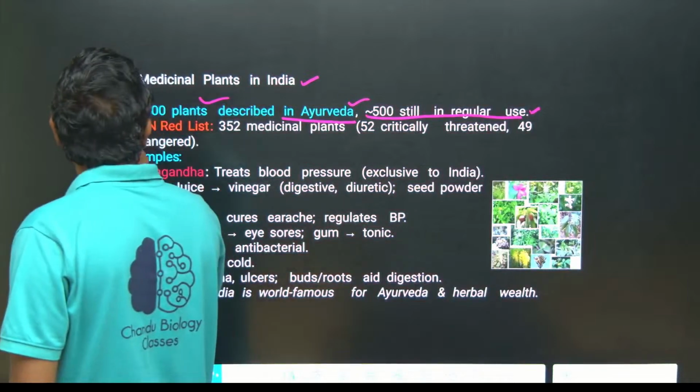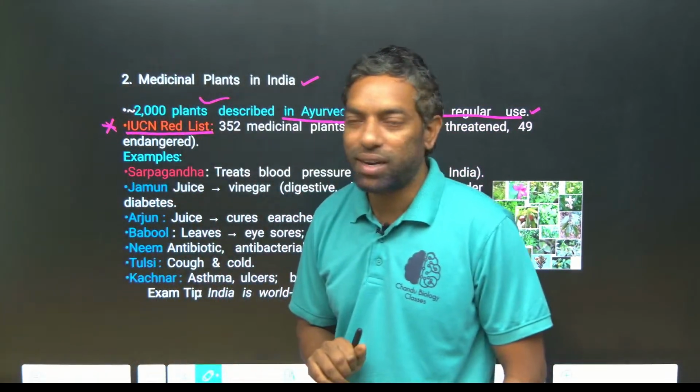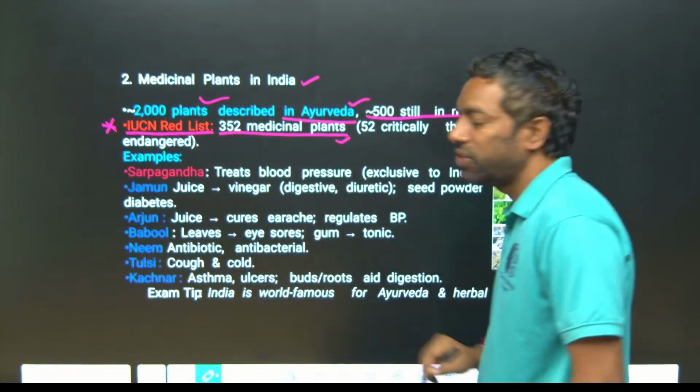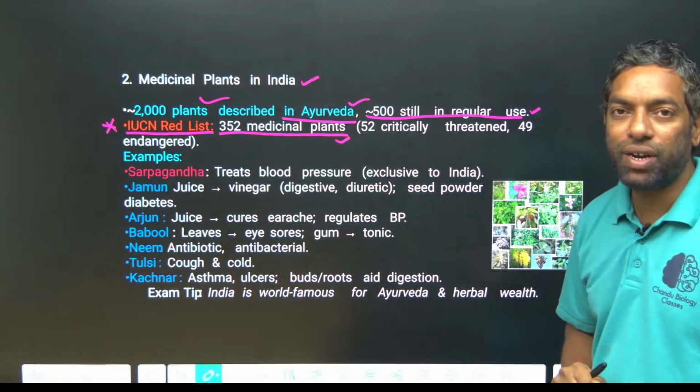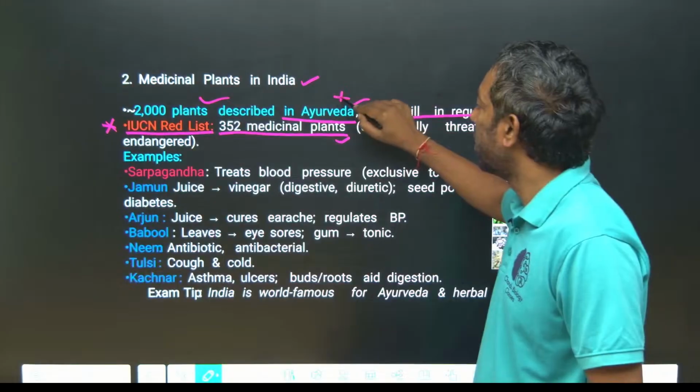The IUCN Red List is the most important. 352 medicinal plants are on the IUCN Red List. This is important, guys.